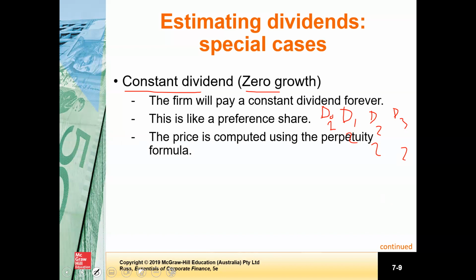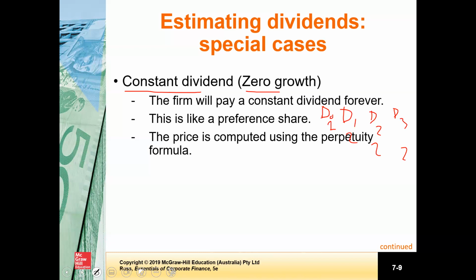If this is the case, this is the simplest case of dividend, and we use a perpetuity formula. Why perpetuity formula? If you remember perpetuity from last week, we said that perpetuity means a cash flow stream where an equal amount of cash comes at a regular interval forever.